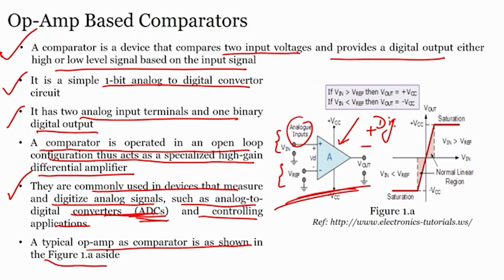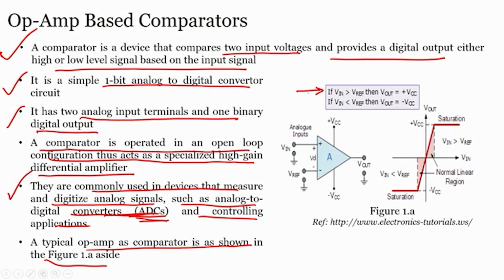You see figure 1a, this one, which is your figure. Now, let us see what exactly this figure is. Consider the first case: when V in is greater than V reference, then V out is plus VCC.